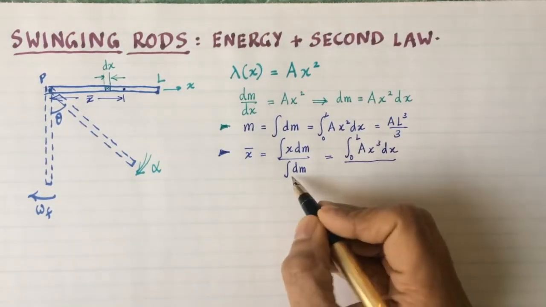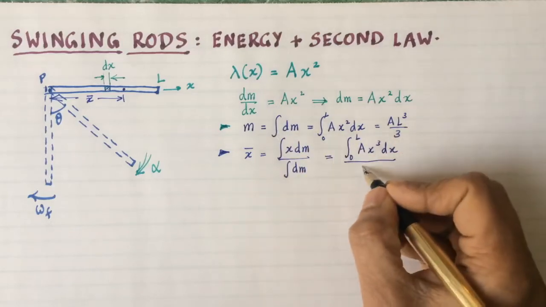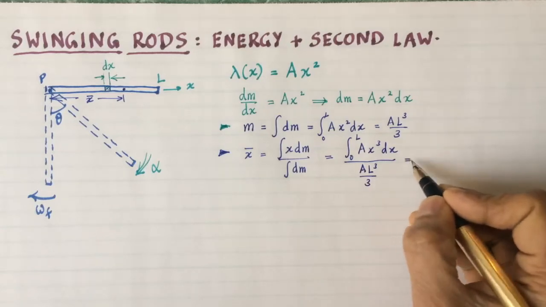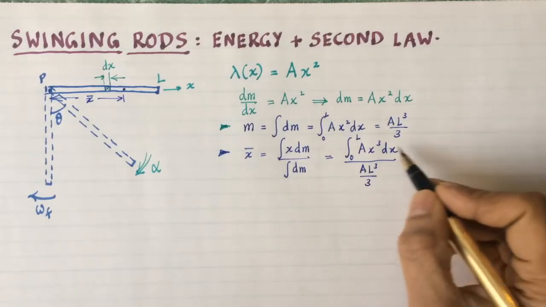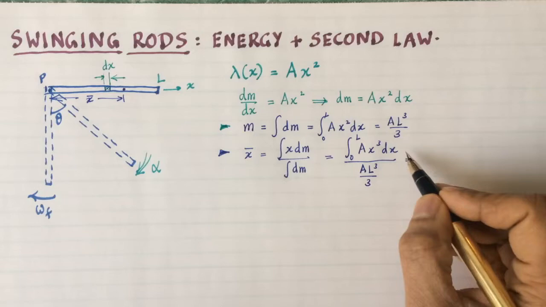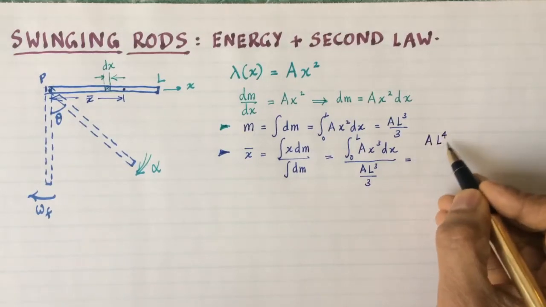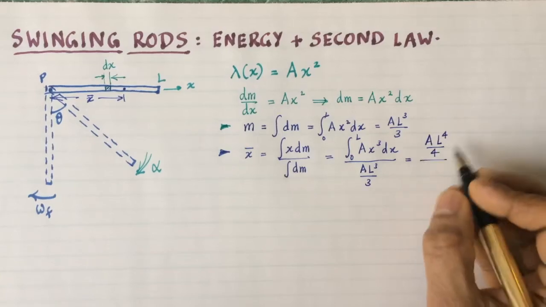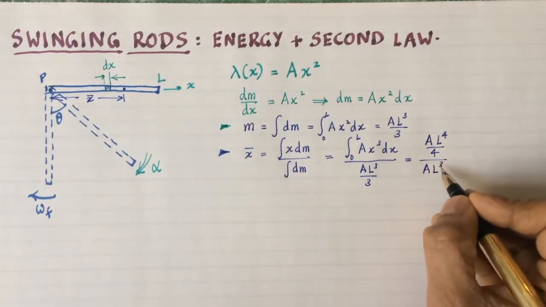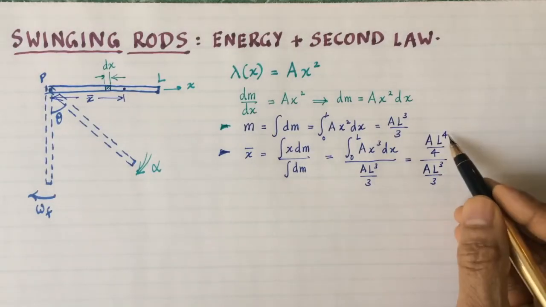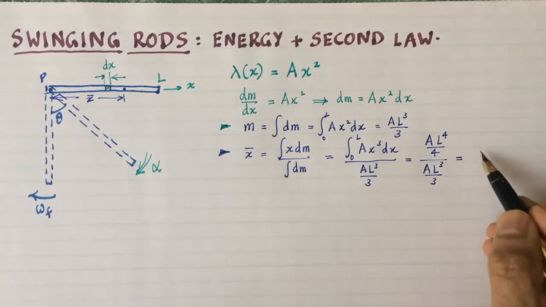And this we already know, it's just what we found in the previous step, so I'll write it down. Evaluate this integral next. Well, the integral of ax cubed is ax to the 4 over 4, and when you evaluate it, it's aL to the 4 over 4 divided by aL cubed over 3. The a's cancel, L cubed cancels with L to the power 4 there, leaving us with just 3/4 L.